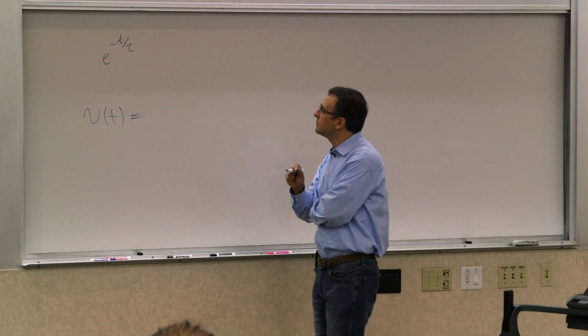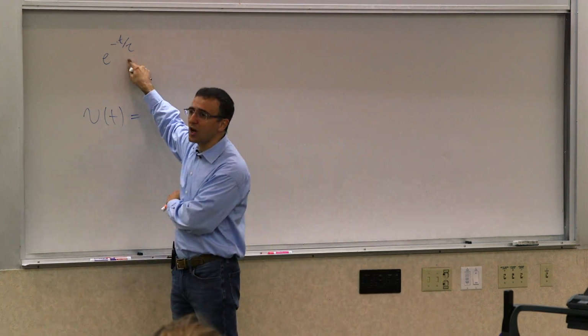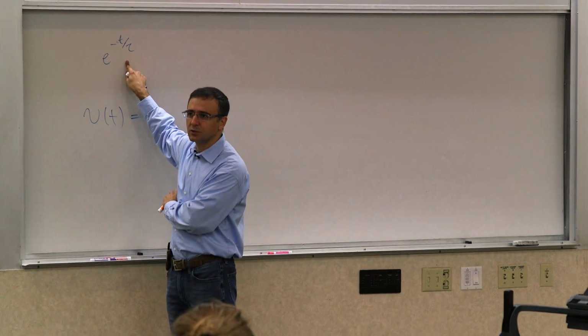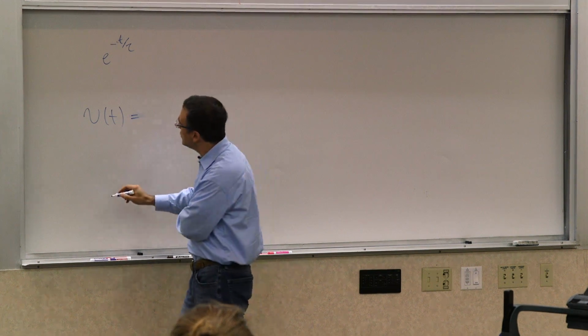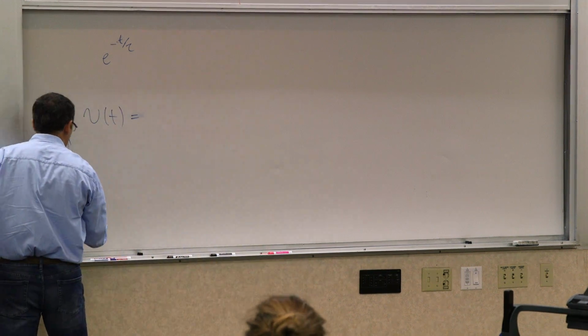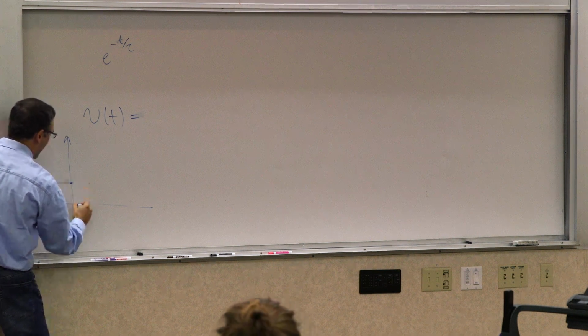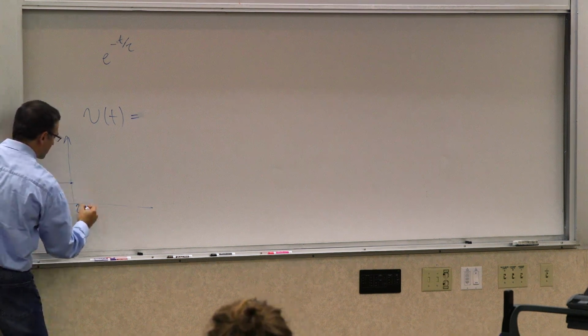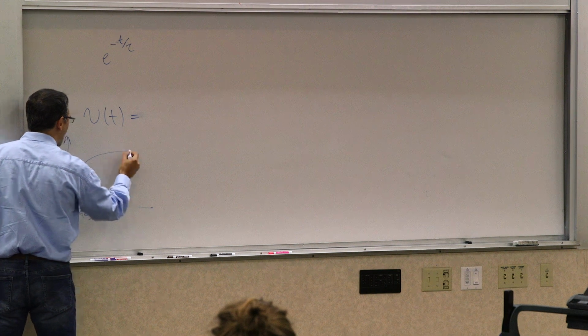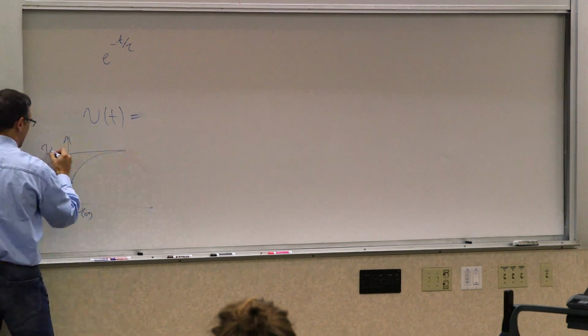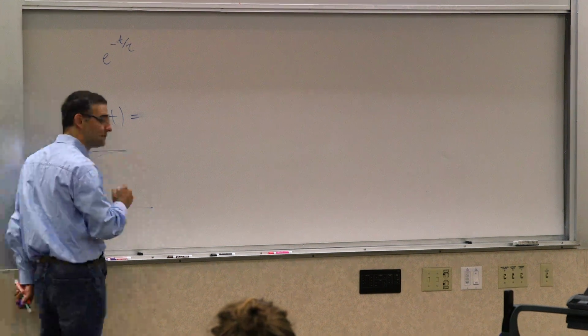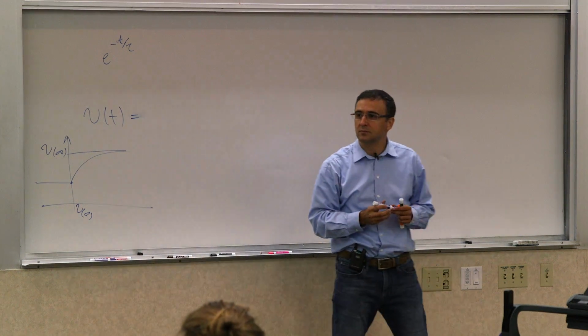Okay? So we are going to construct the answer. You know that the response of the system will go from some initial value, let's call it v of 0 plus, exponentially to some final value, v of infinity, right?